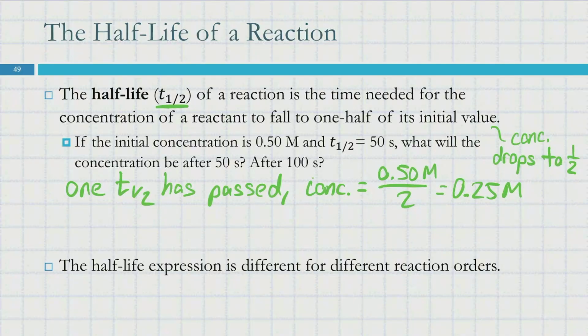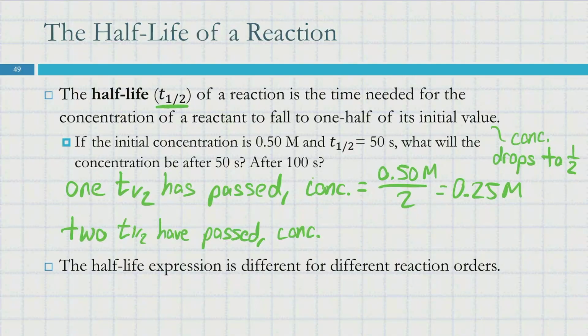For 100 seconds, 2 half-lives have passed. And some people think, okay, well, we cut it in half every half-life, so we lose half of our initial amount again. That means we have 0, which is not how it works.